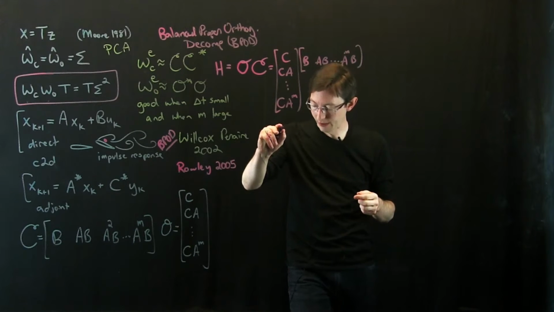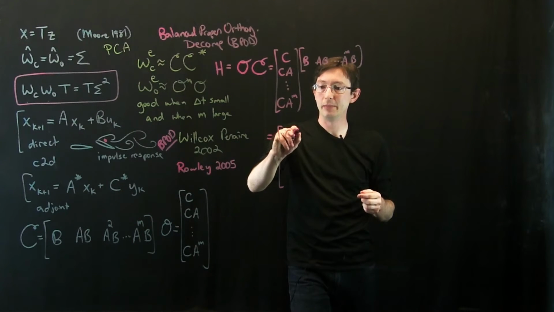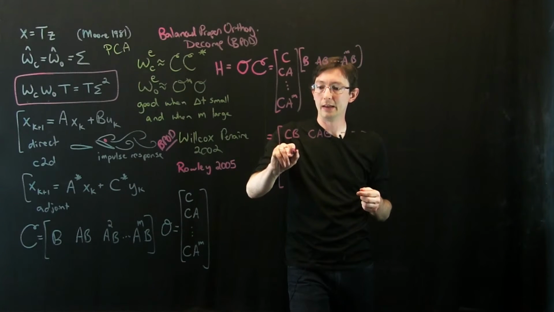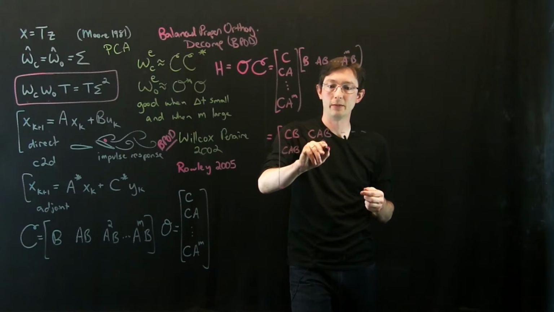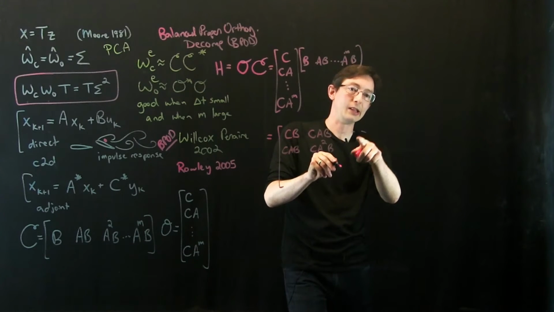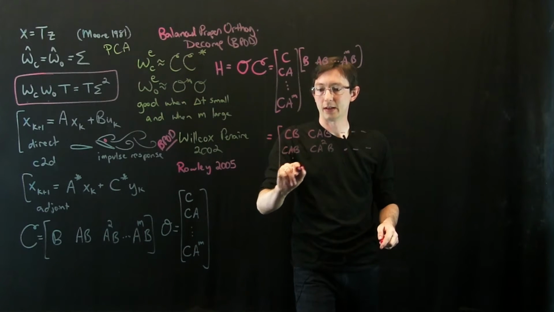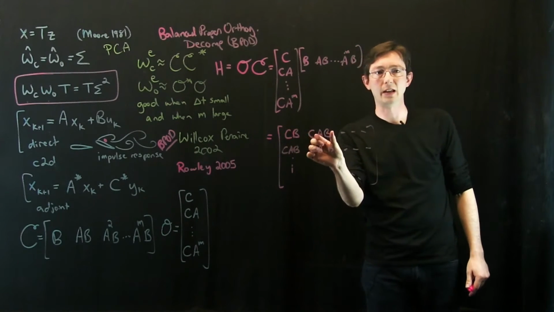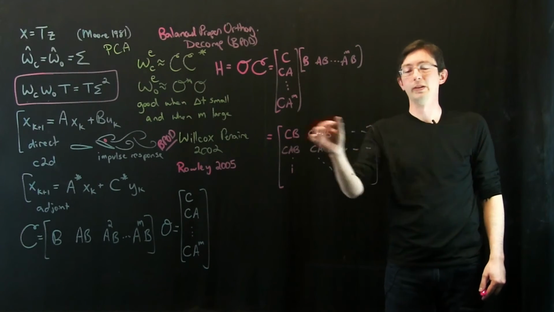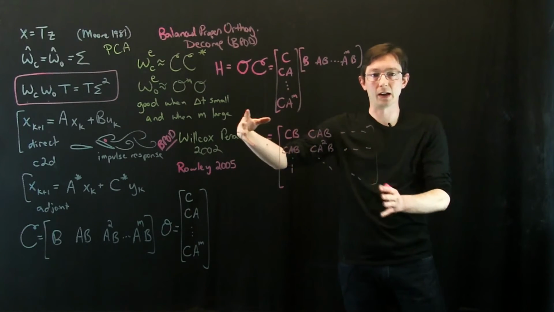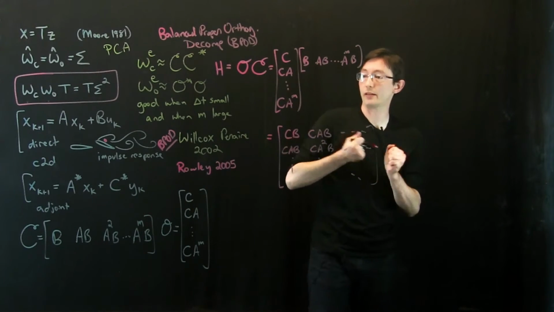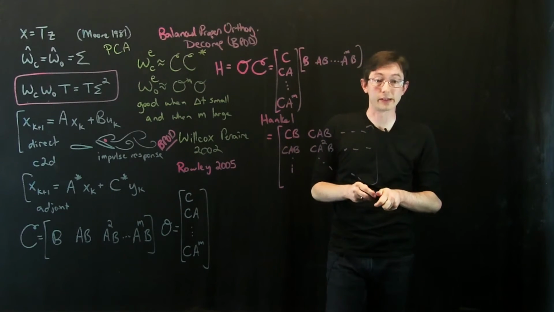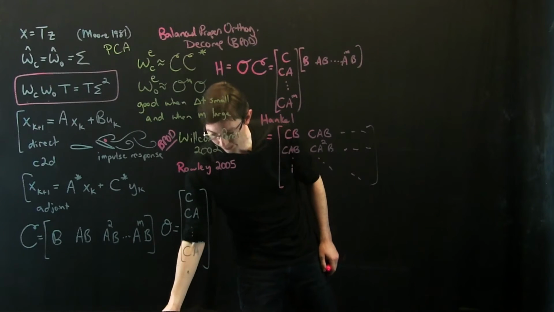So I multiply this out, and I get CB, CAB, CA squared B, CA cubed B, and so on and so forth. This is just a big symmetric matrix called the Hankel matrix. Very important. Should be reminding you of the Hankel singular values, okay?